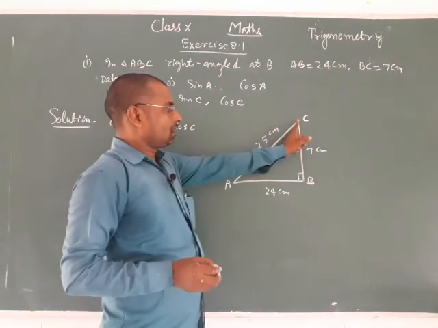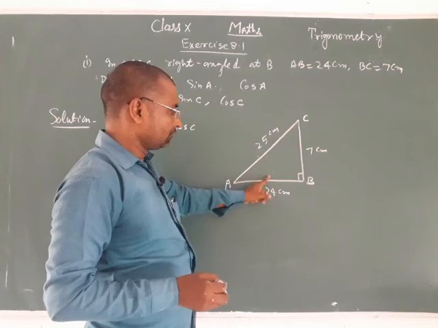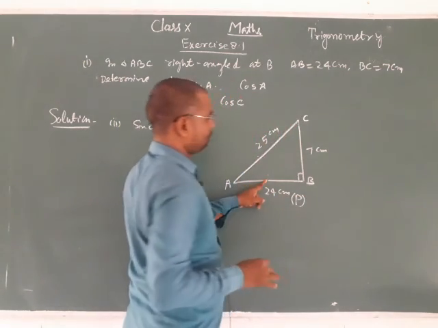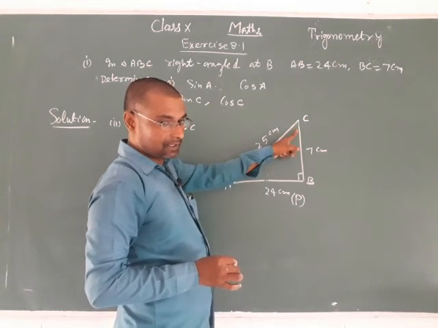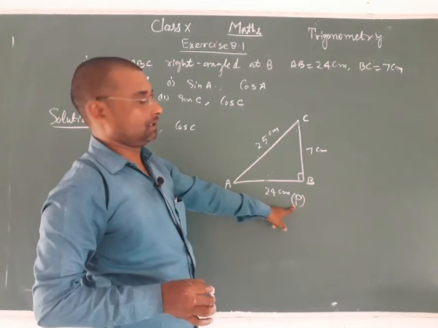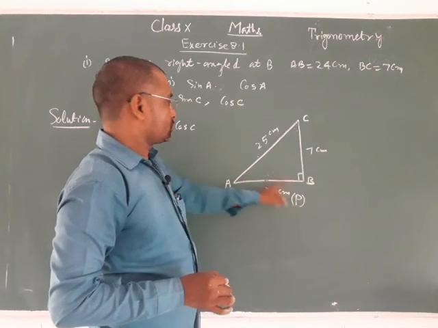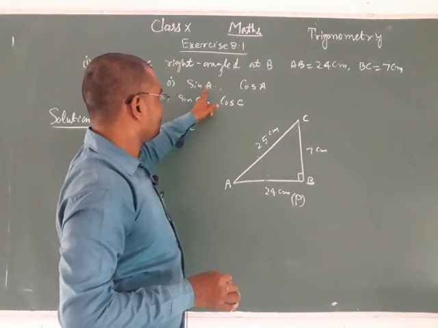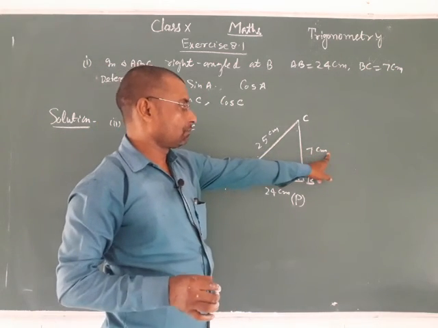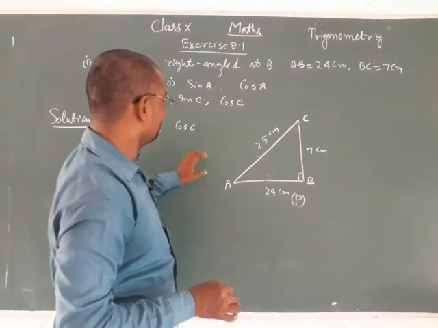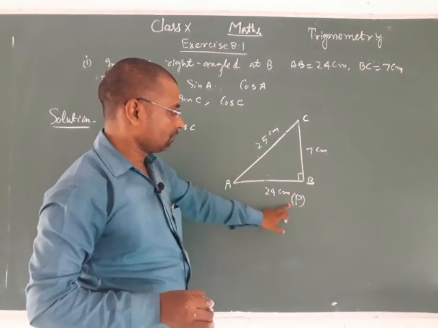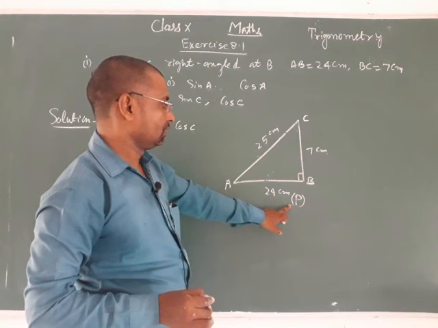We see that the side in front of angle C is P. The side in front of the angle we look from is called the perpendicular. So for A, the perpendicular is BC, and for angle C the perpendicular is AB.